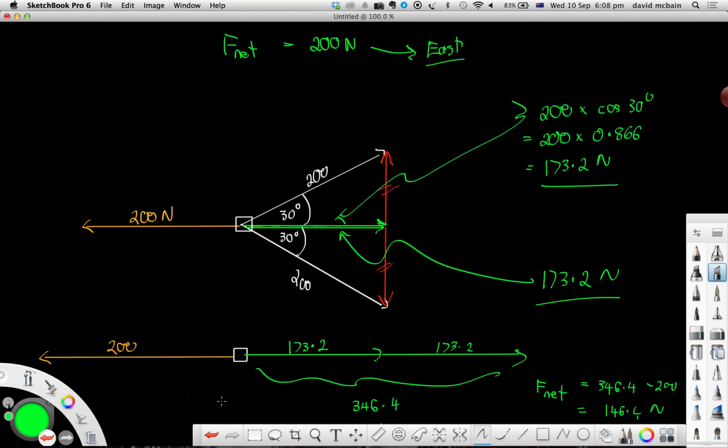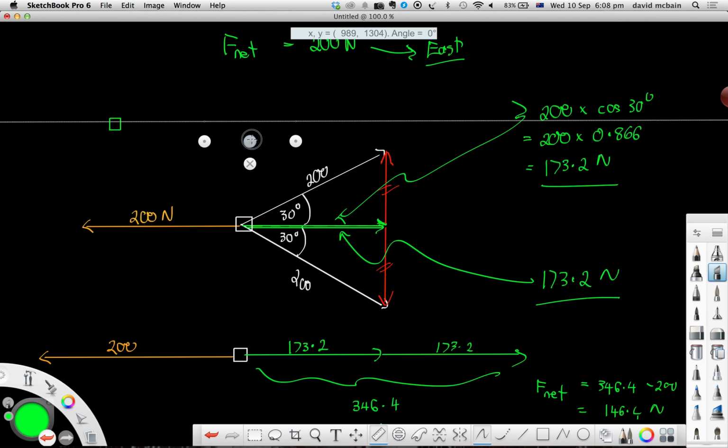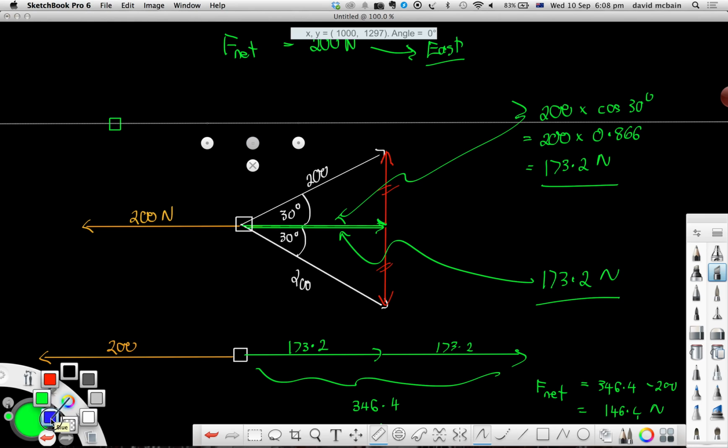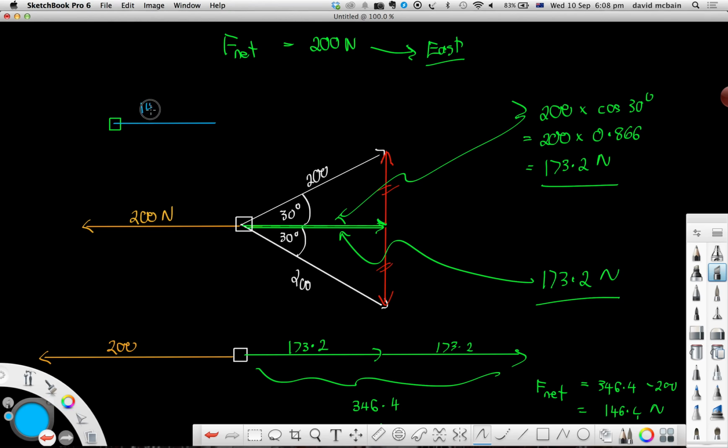That's all these forces take into account, but we want a net force of 200. So what do we do? Well, that's right, we add an extra force in to make all the forces add up to 200. So right now, if we add up all the forces, we've got a single force, and I'll draw it in blue, of 146.4 newtons.